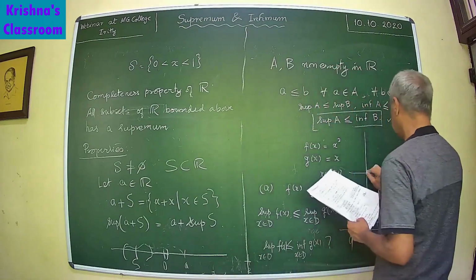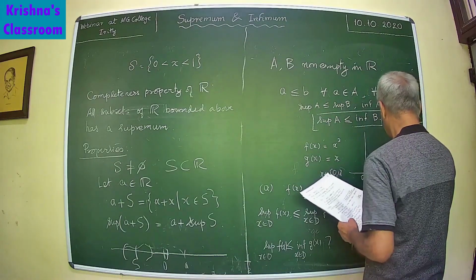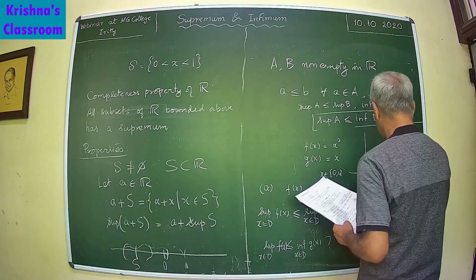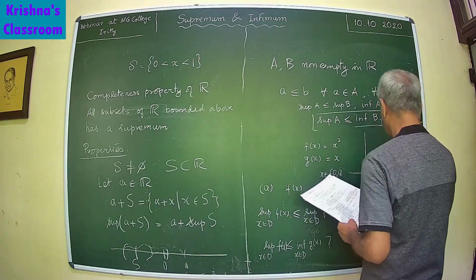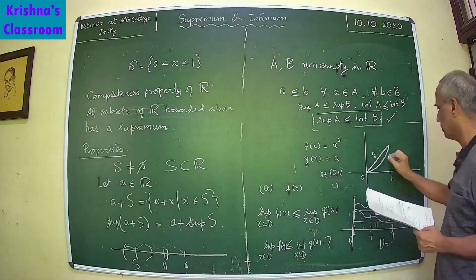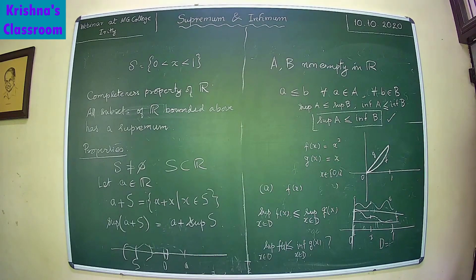What are the graphs? It is 0, 1. This is your G. Okay? Whereas F is this. This is your F. What is the infimum of G?